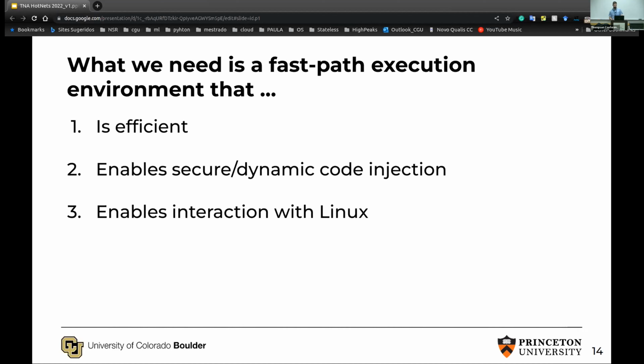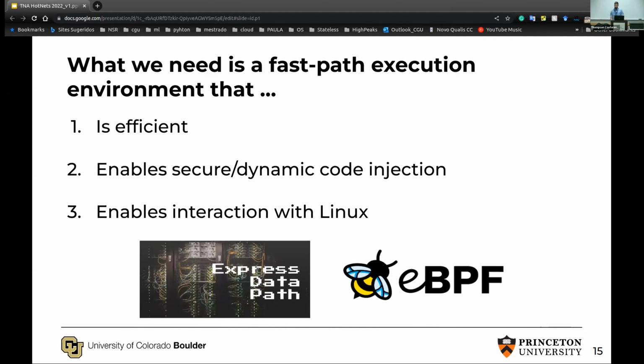Second, it enables secure and dynamic code injection so that we can specialize the data path based on what's currently configured, and deploy it on the fly. And the third thing we need is that it enables interacting with Linux so that we can leverage its rich set of functionalities. And today, XDP and eBPF provide all those features.